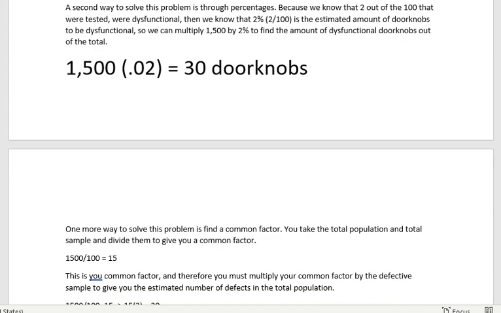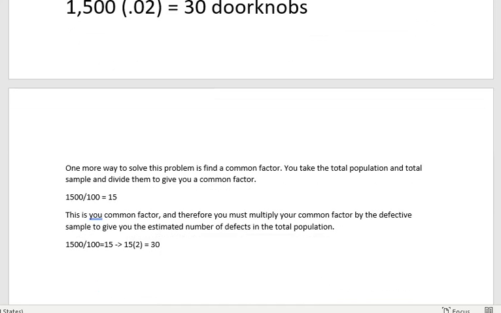Lastly, another way to solve this is to find how many groups there are and multiply by how many are dysfunctional. This can be done by dividing 1,500 by our sample. So we would have to sample the population 15 times to find all of the dysfunctional doorknobs.